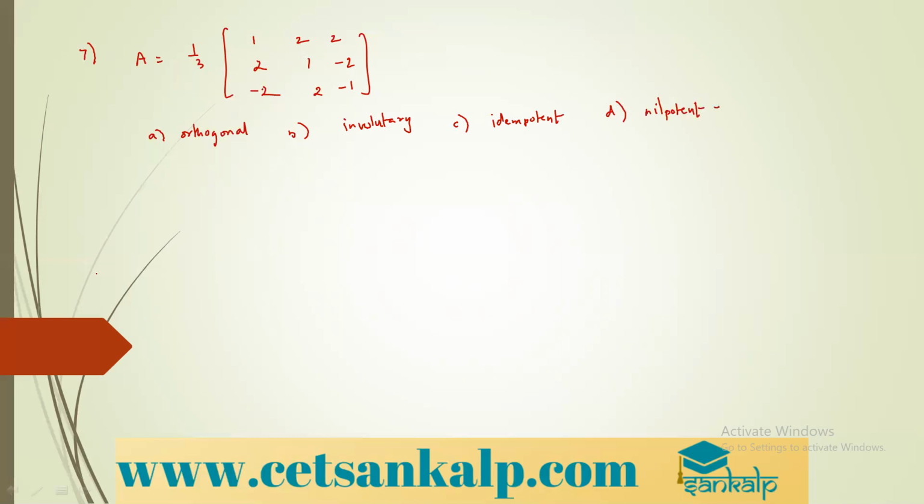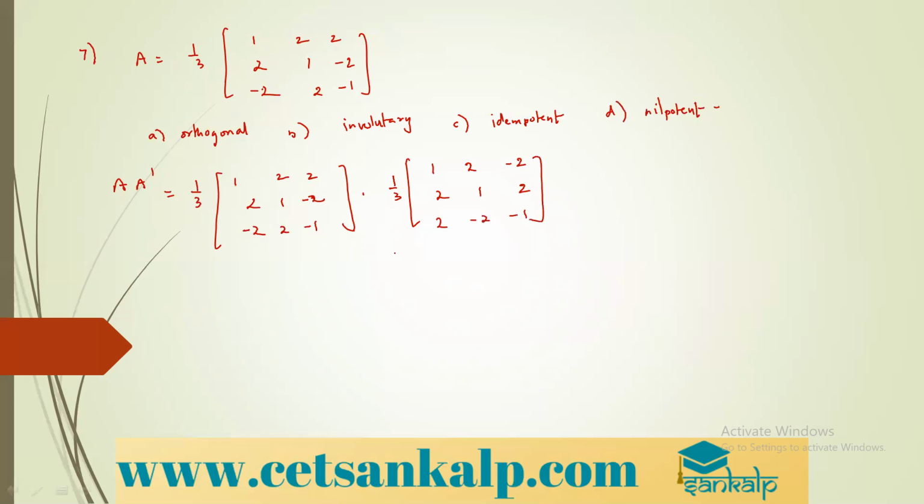Which option is correct? So if I find A dash, I will get my answer. That means I have to multiply 1/3 [1, 2, 2, 2, 1, minus 2, minus 2, 2, minus 1] with 1/3 [1, 2, minus 2, 2, 1, 2, 2, minus 2, minus 1].